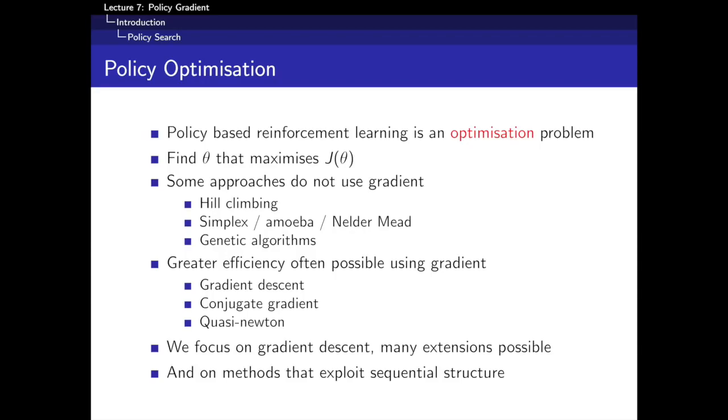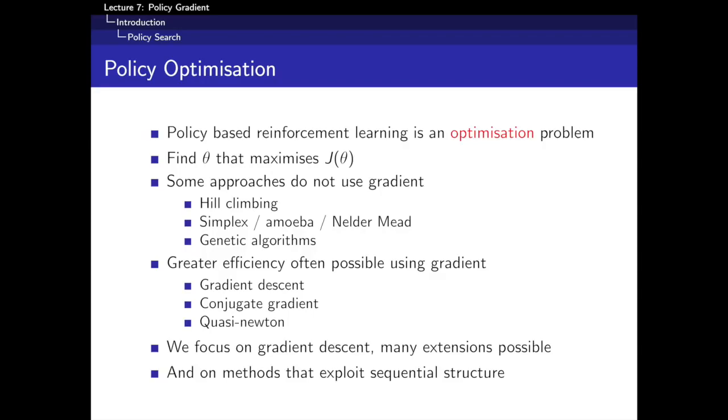But typically, the reason people consider gradient-based methods is if you have access to the gradient, you can almost always get greater efficiency out of your optimization method. And some of the familiar methods for doing this are things like gradient descent, conjugate gradient, quasi-Newton methods. There's another large family of methods that make use of the gradient information to gain greater efficiency, because you know this gradient points you in the direction of greater reward, points you in the direction of how to do better in this MDP, rather than having to blindly try things by trial and error and figure out which of those is the best.